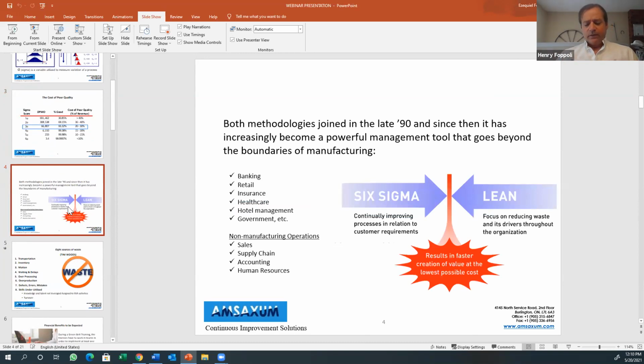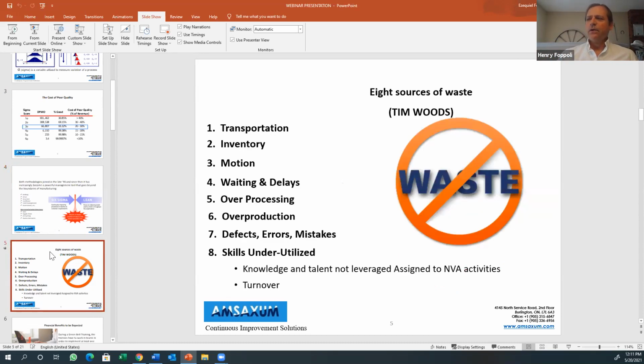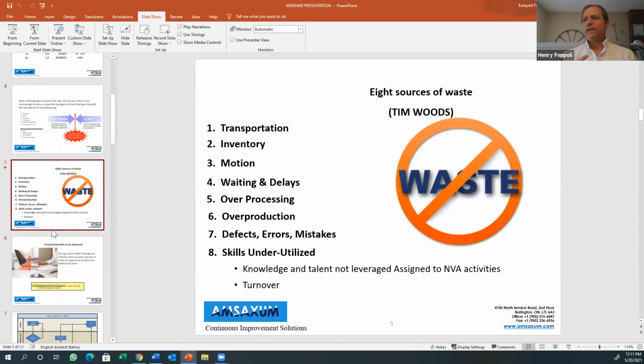Both methodologies, as I said before, were born independently, but they merged around the 90s. Both were born in manufacturing environments, but they were so successful that they quickly spread among service companies like the hotel industry, tourism, banking, retail, etc. So if trying to increase value or eliminate those activities that don't add value is so important, Lean also gives you tools to identify those activities that don't add value to any process.